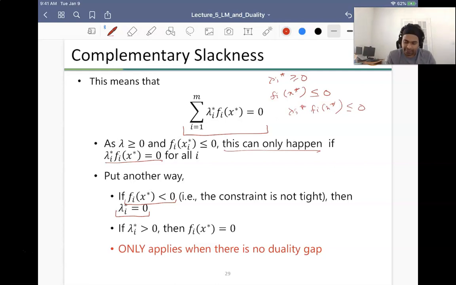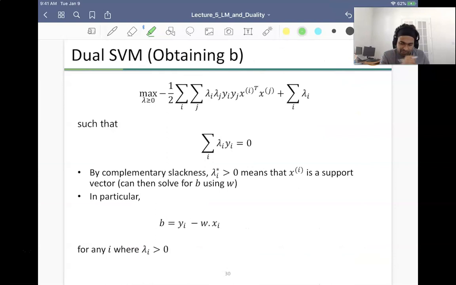And if lambda i star is greater than 0, then I require f_i(x star) to be equal to 0. But the critical thing is that this only applies if there's no duality gap. So the takeaway is that because of the duality gap condition, we are able to get that for all i, lambda i star f_i(x star) is equal to 0.